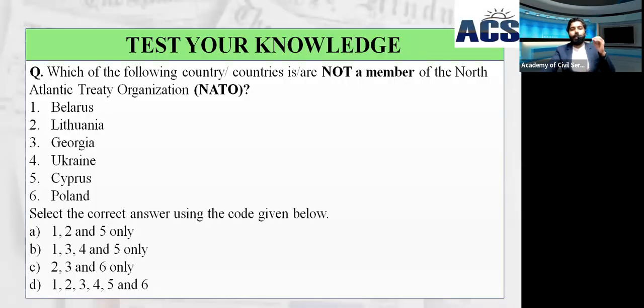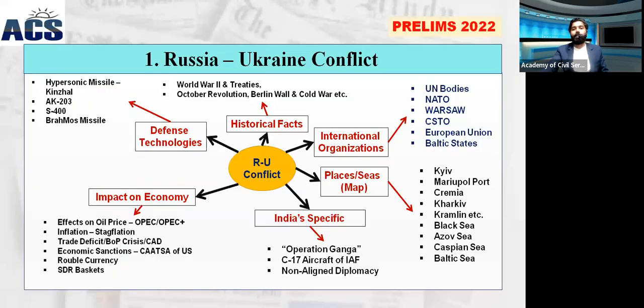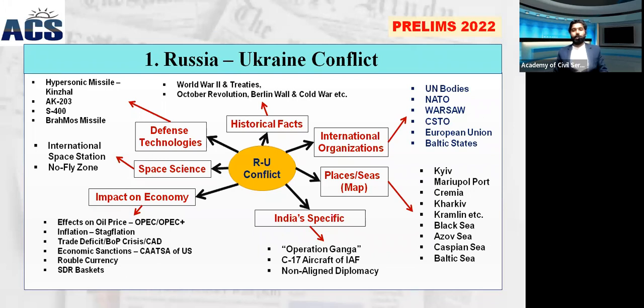In this way we have to study the content, and this is the smartest way to cover the important current affairs topics for the prelims. So these are the perspectives we need to refer to in particular for the Russia-Ukraine conflict. If you are preparing a current affairs topic for the prelims, and it has holistic perspectives and different dimensions, we have to look into it in this manner.